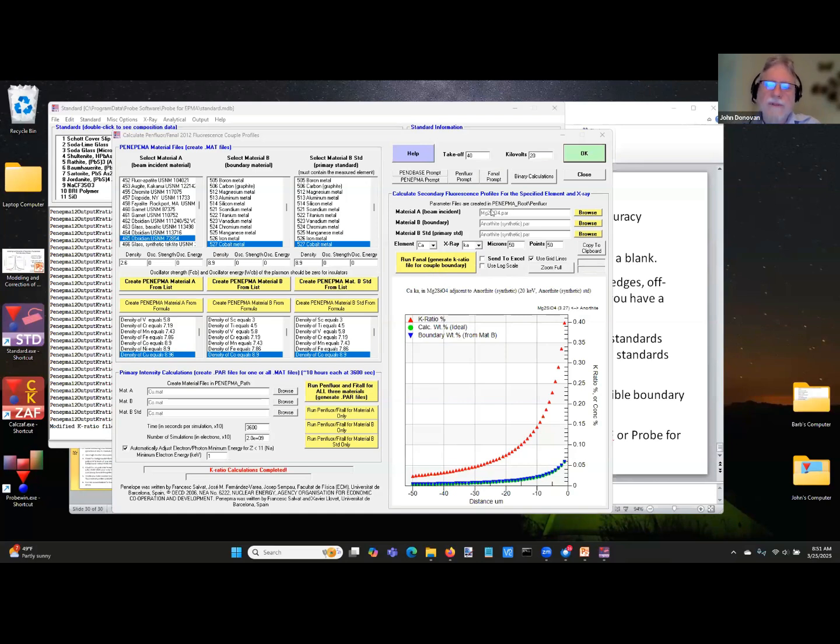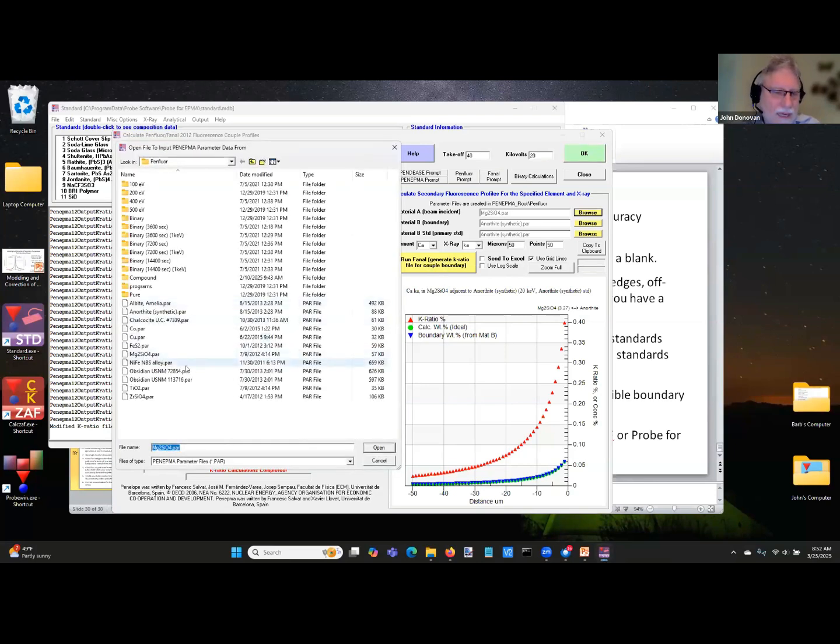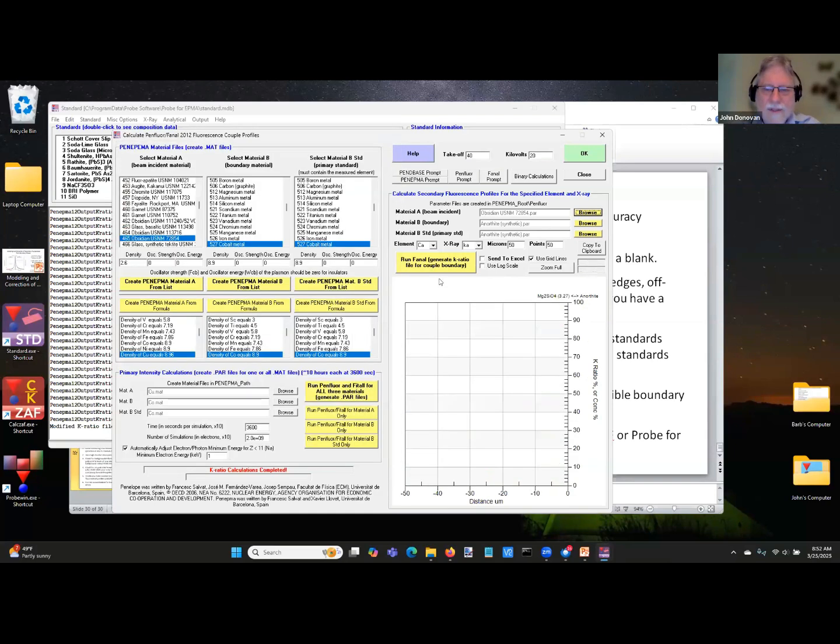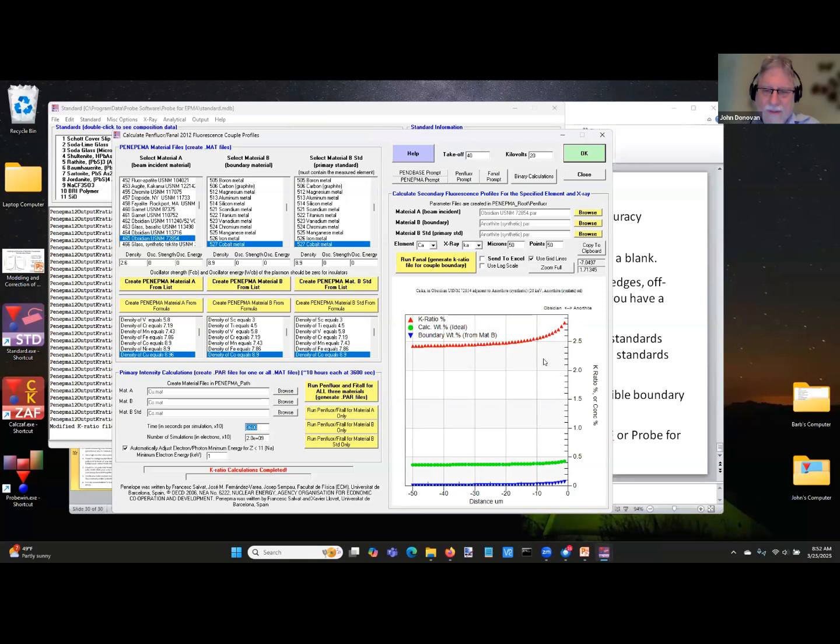The only reason the obsidian example didn't show up so well is because there was a whole bunch of calcium in the obsidian, so it was swamped by the actual calcium measurement in the obsidian. Here, I can show you that effect. If I go back to this obsidian and run it again, you can see the effect here.